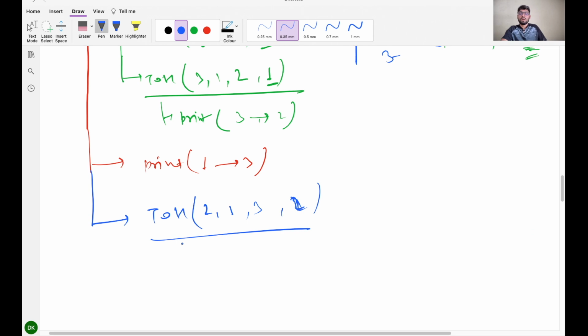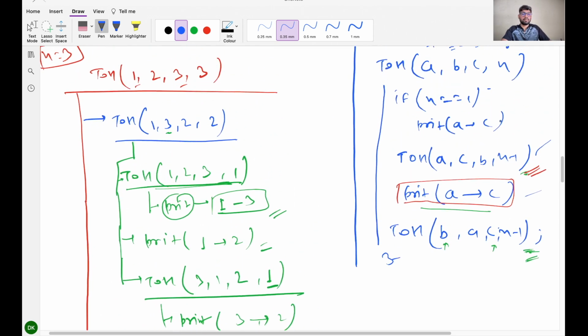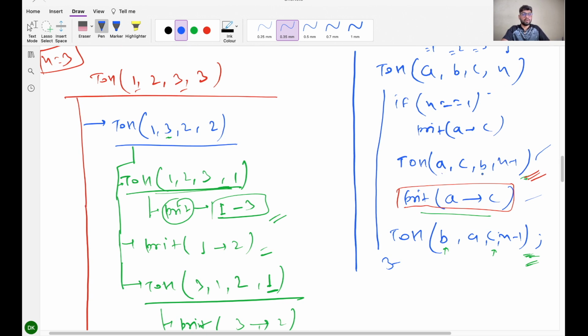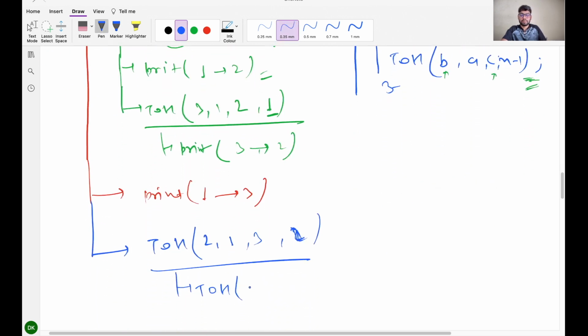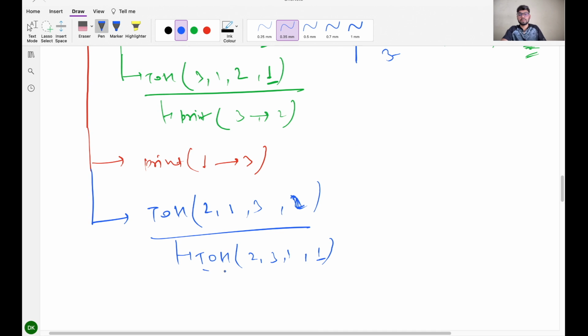Now again I am calling a recursive function, A to B using C as auxiliary for 1, and I satisfy the base condition, and after that I have to print or store A to C, that will be 2 to 1.